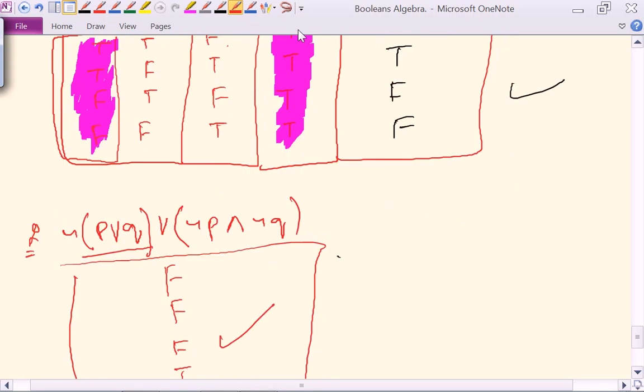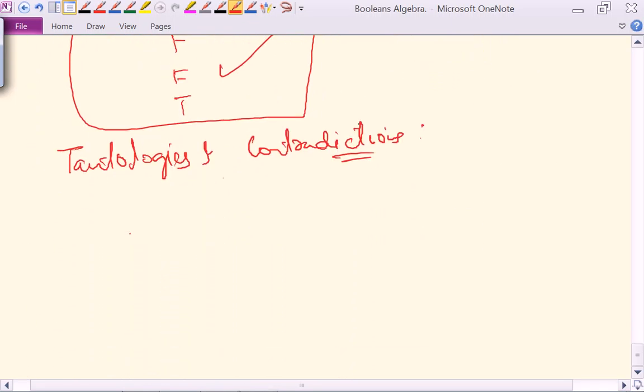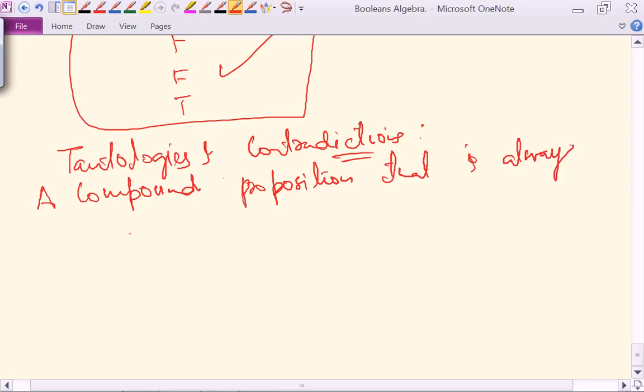Okay, so what will be the definition of this? The definition of tautology and contradiction. We say a compound proposition, because basically this is about compound propositions, a compound proposition that is always true for all possible truth values.